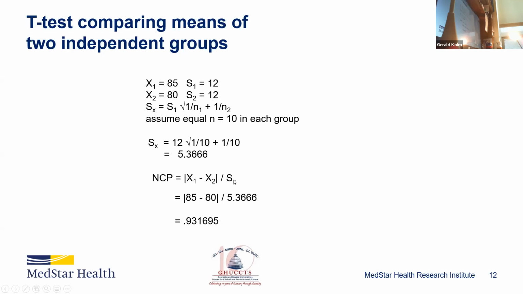If I carry that out, I get a value here of 0.93. And so in my non-central distribution, or my alternative distribution, here is the beta error rate. So you can see it's pretty high.